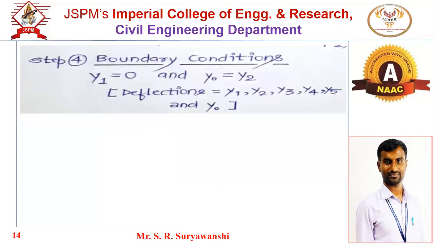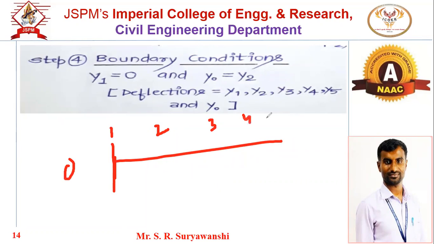Now next we have to apply the boundary conditions. What boundary conditions are we having? This is the cantilever beam, with the fixed support and nodes 0, 1, 2, 3, 4 and 5. At the fixed support, deflection is 0, so we can say y1 is equal to 0.